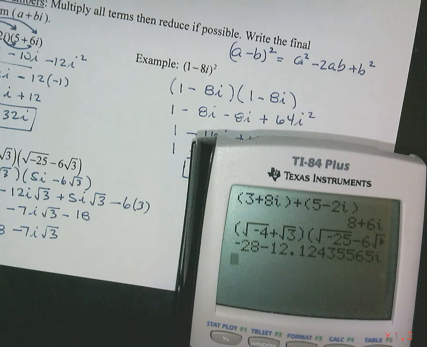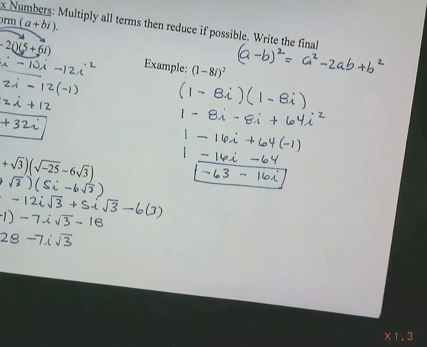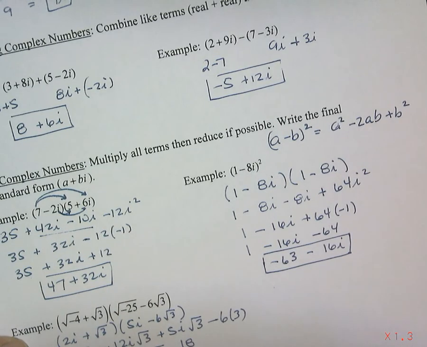And I'm going to get this weird decimal. I don't care what it is right now. I'm just going to compare it. Then I'm going to get negative 28 minus 7i square root of 3. I'm just comparing to see if I simplified it accurately. And I did. I got the same decimal in both places. And after I've checked it, that's when I tend to put a box around my answer. That way I know I've checked it.